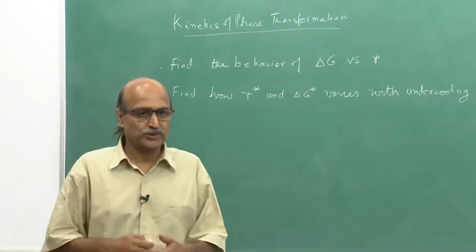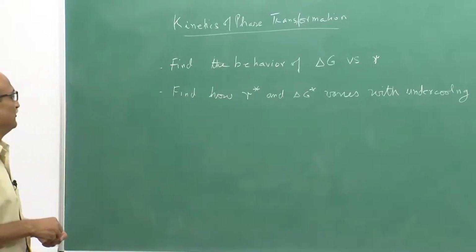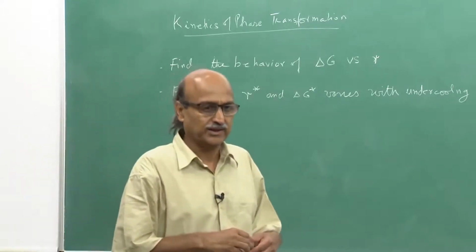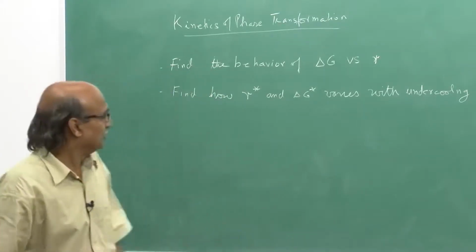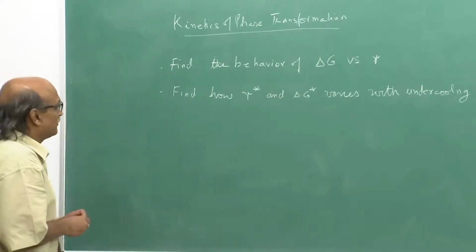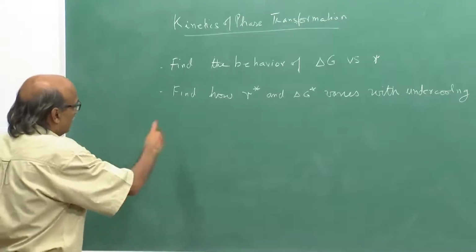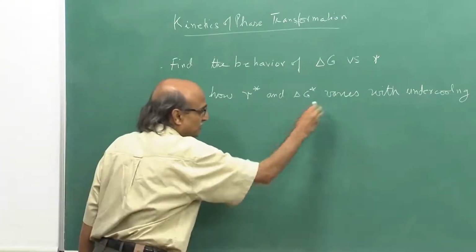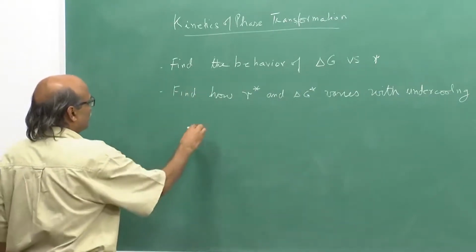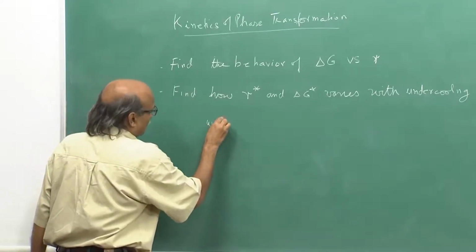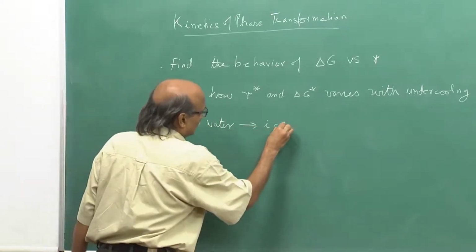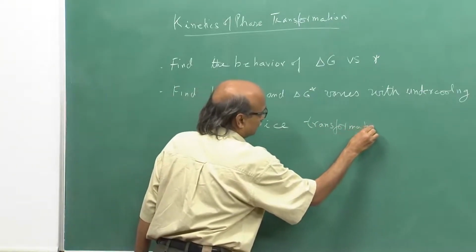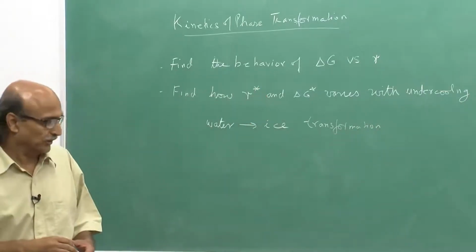And then after understanding this, we will examine the expression for the rate of nucleation. For finding the behavior of delta G versus R, or how R star and delta G star vary with undercooling, we are going to use the water to ice transformation at different undercoolings.